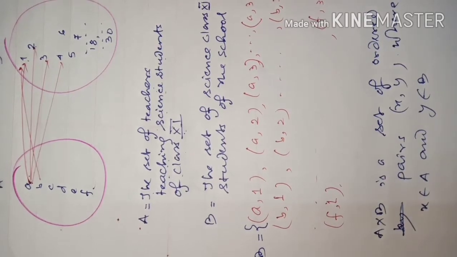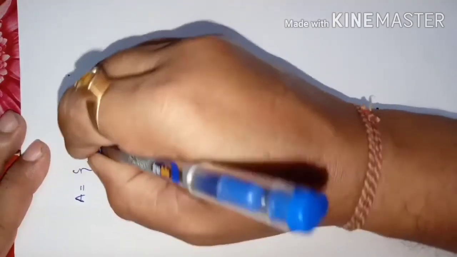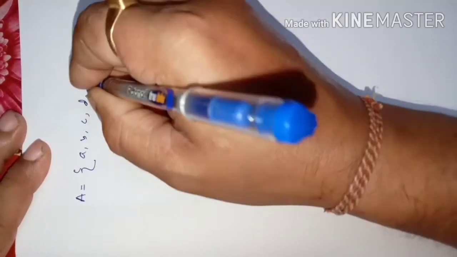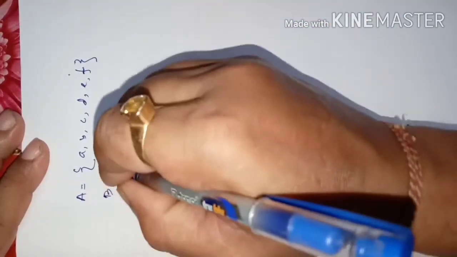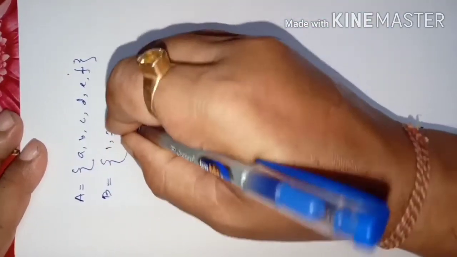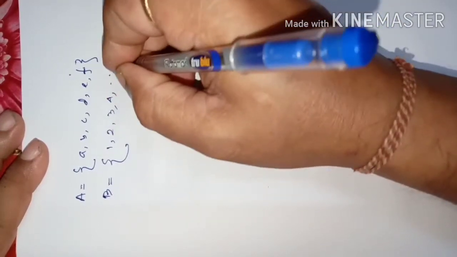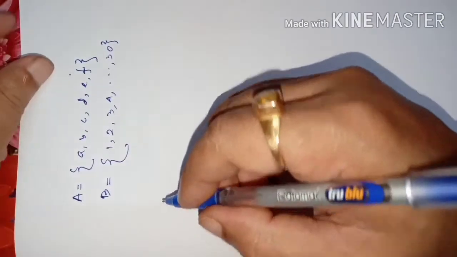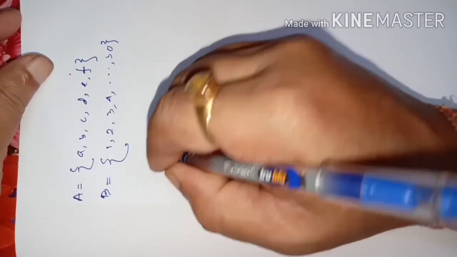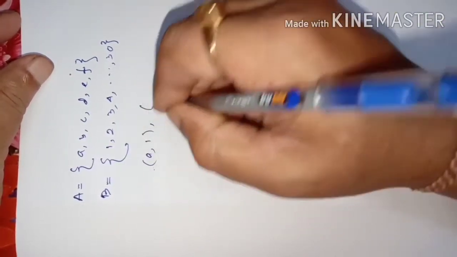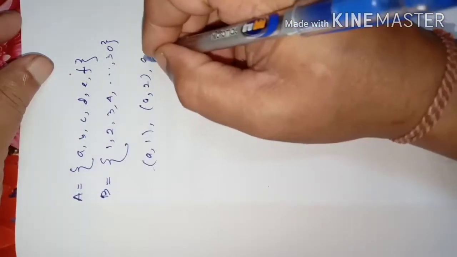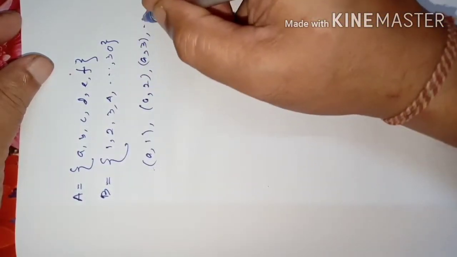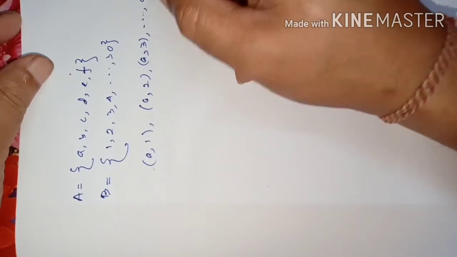A is a set with elements, suppose A, B, C, D, E, F. B is a set of elements 1, 2, 3, 4, up to 30. Then all the ordered pairs that you can form are A1, A2, A3, and it goes on up to A30.